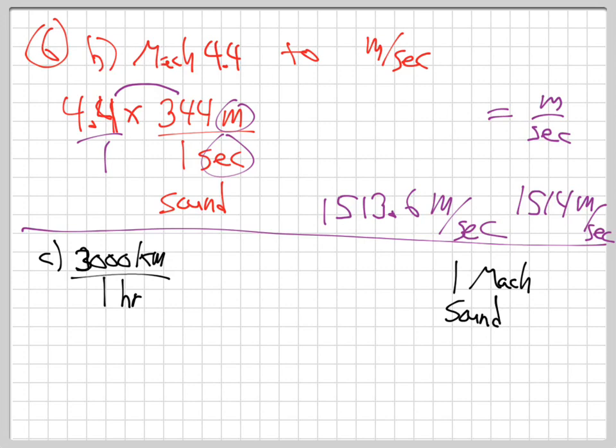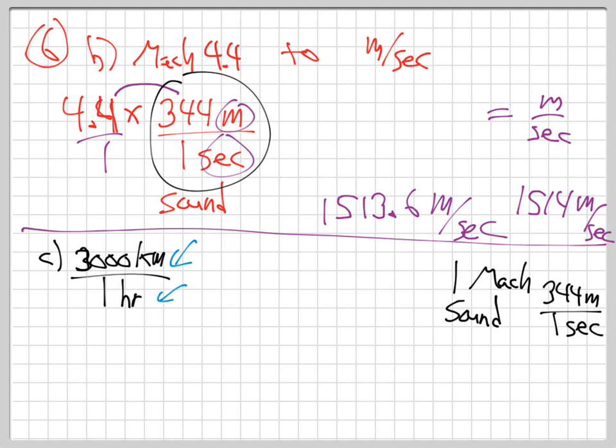Remember the speed of sound right here? 344 meters per 1 second. So basically, I need to take this kilometers per hour and change it to meters per second, because that's the units of Mach, because they want me to figure out how many Mach speeds it is.